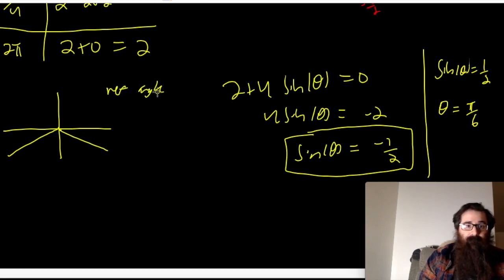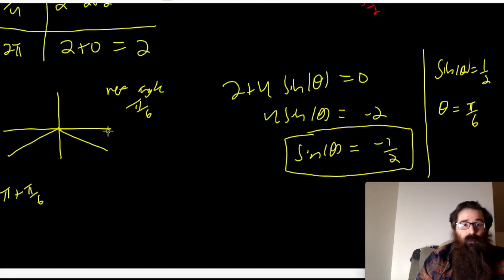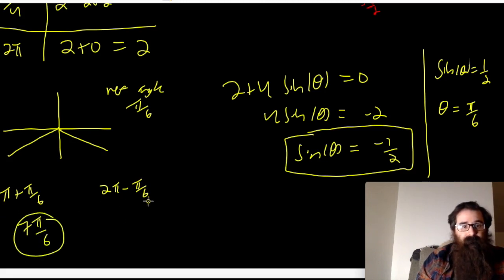To find the first, I would want pi plus pi over 6. To find the other one, I would want 2 pi minus pi over 6. And if I get common denominators and solve for these, I get 7 pi over 6, and here I get 11 pi over 6.